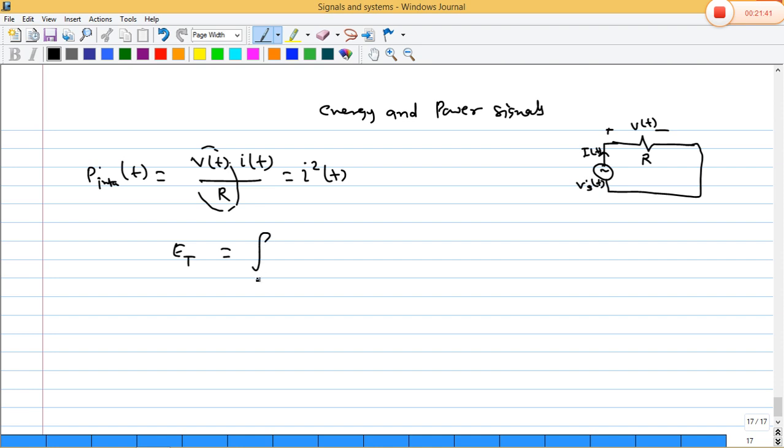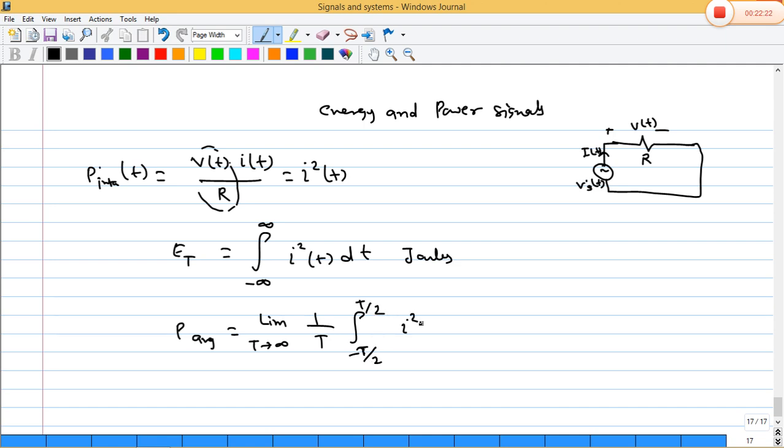Total energy is nothing but the integral from minus infinity to infinity of I square t dt, in joules. And average power is nothing but the limit as T tends to infinity of 1 by T, integrated from minus T by 2 to T by 2, of I square t dt.